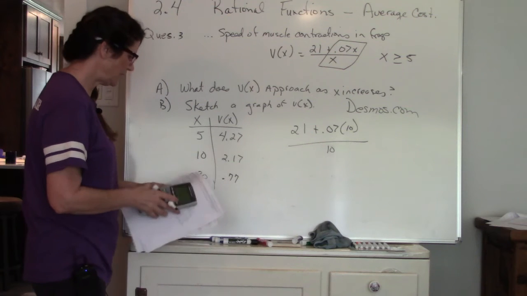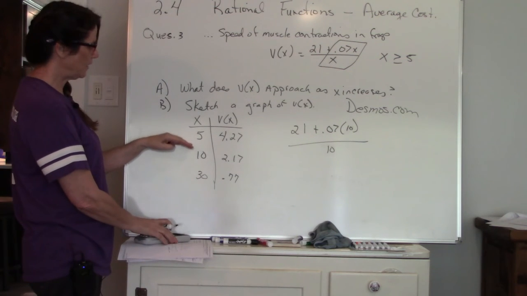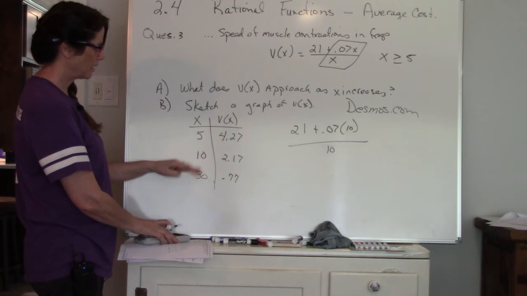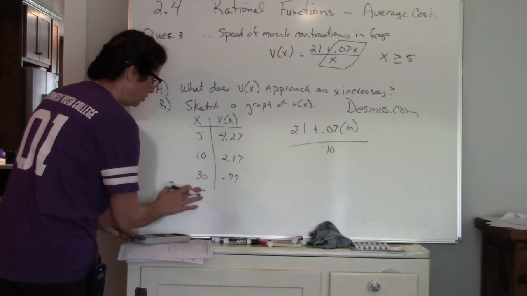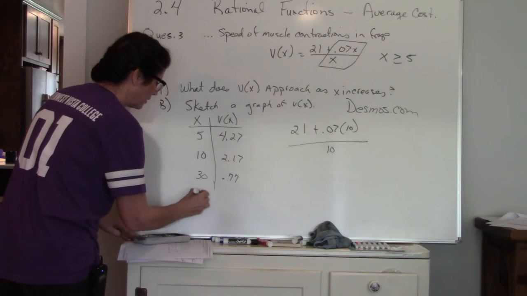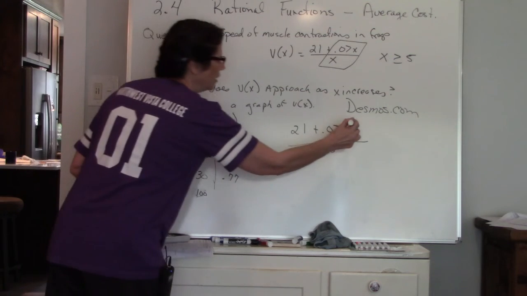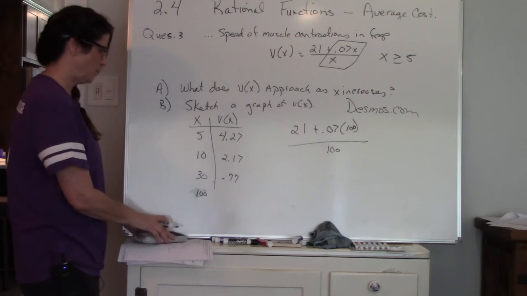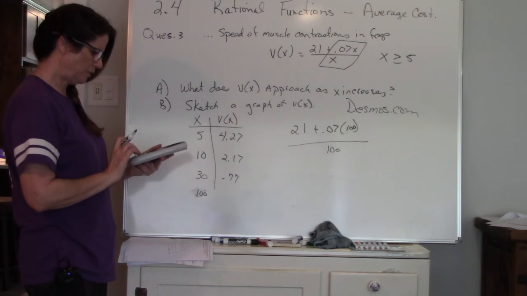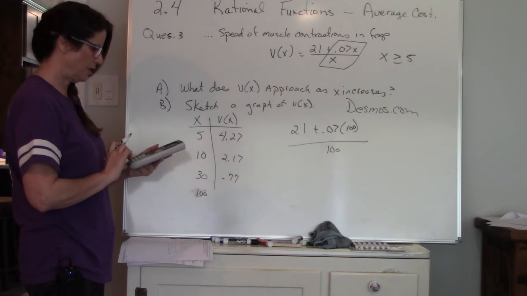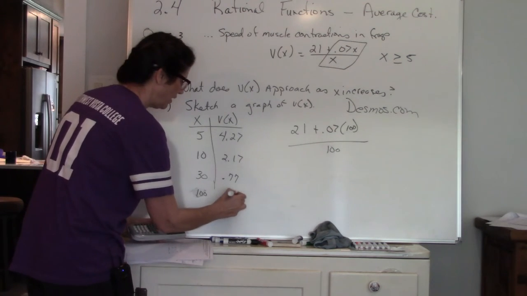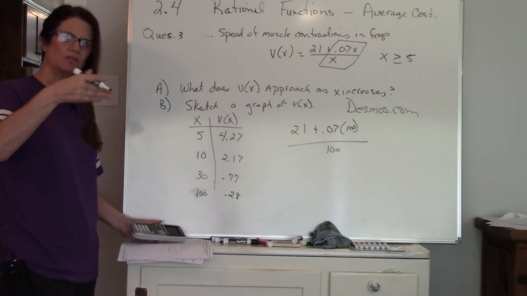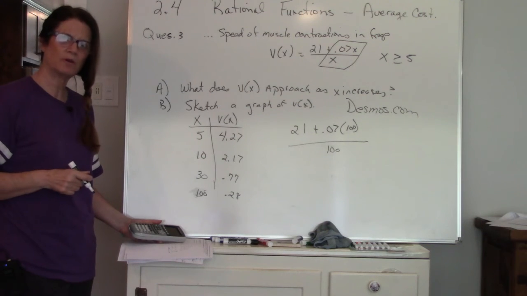So as you can see, as my x values get bigger, my y values are getting closer and closer and closer to 0.07. So watch this. 21 plus 0.07 times 100, all divided by 100, is 0.28. So do you see it? It's getting closer and closer and closer to that 0.07.